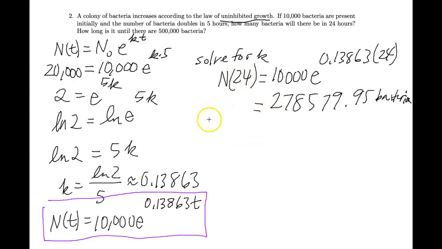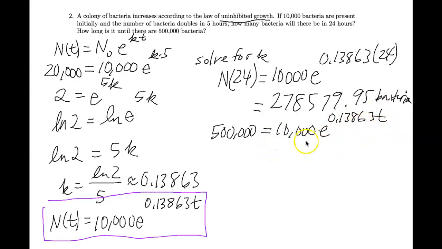And then the next question is, how long is it until there are 500,000 bacteria? So in this case, we're going to find t. So N of t is 500,000, and we want to solve for t. So we'll have 500,000 equals 10,000 e to the 0.13863t.